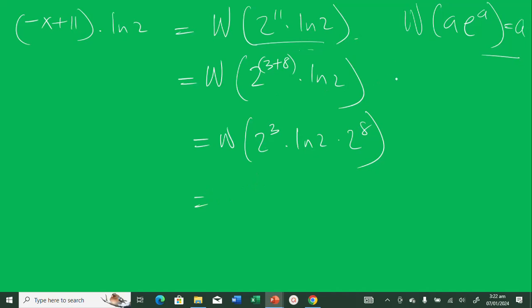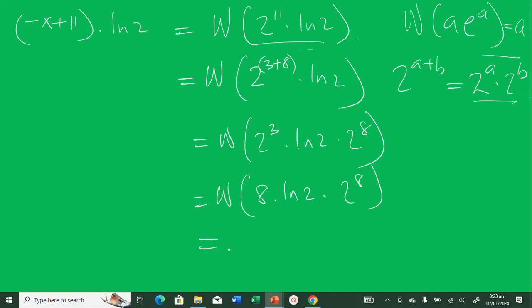Because according to the law of indices, 2 to the power a plus b is equal to 2 to the power a times 2 to the power b. Now 2 to the power 3 plus 8 is the same thing as 2 to the power 3 times 2 to the power 8, which is what we did here. Now, when you look at this, you have W into 2 to the power 3, which is 8, times natural log 2 times 2 to the power 8.